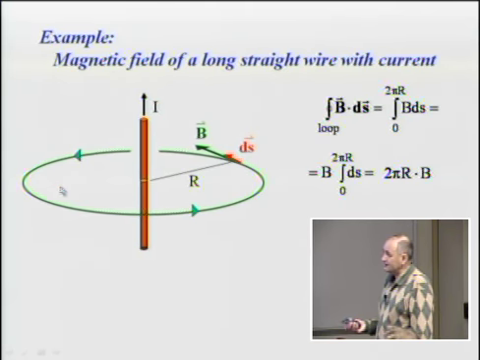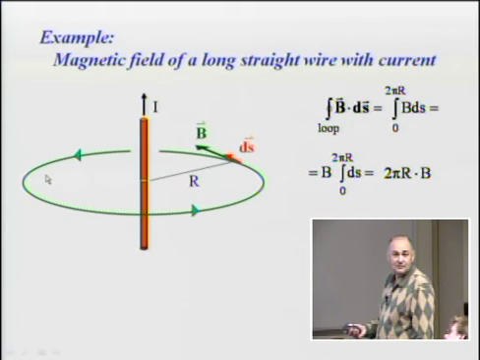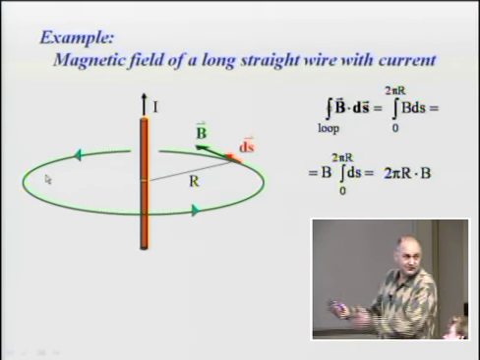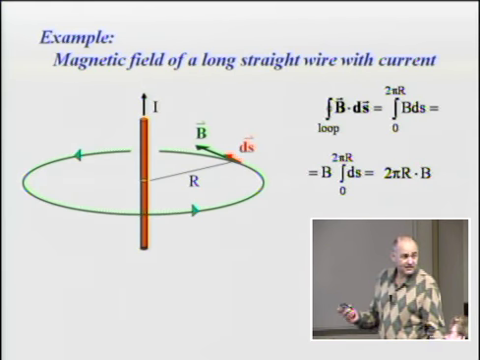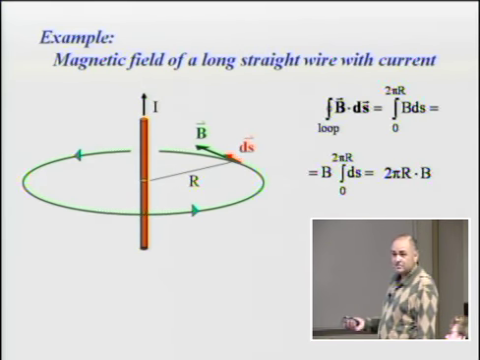Let's see how much current flows through a surface of this size over here. How much in this configuration here? None. Right. There is no current flowing.